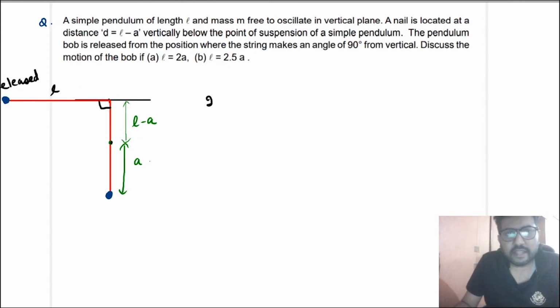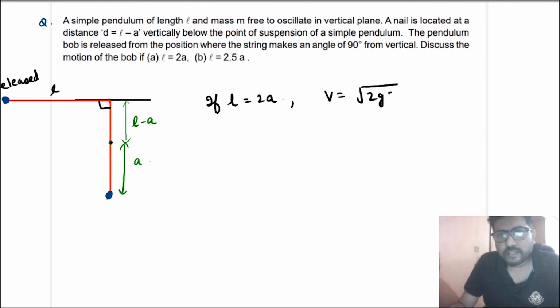So if L is equal to 2a, in that case the speed here is v is equal to root 2g into 2a, and that is equal to root 4ga.